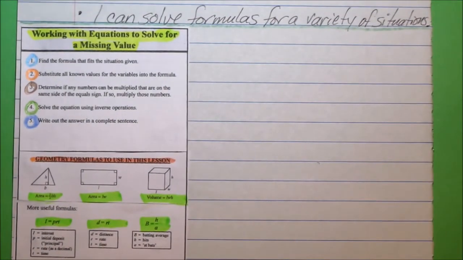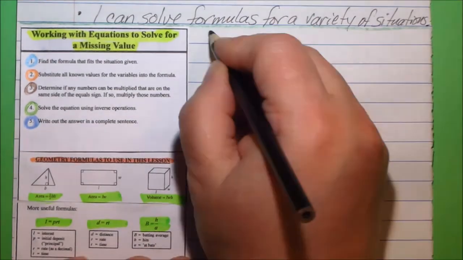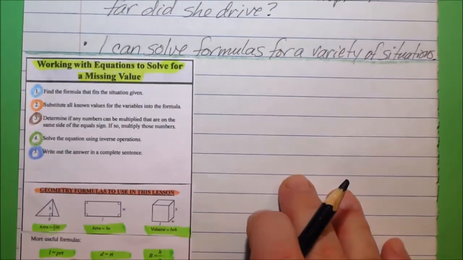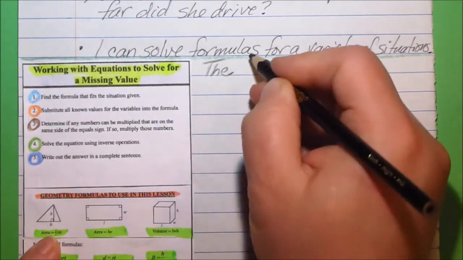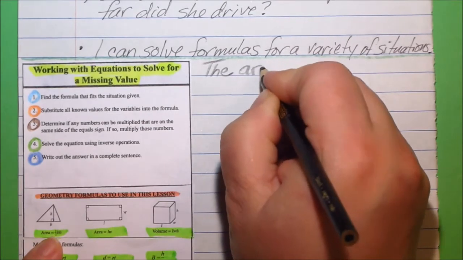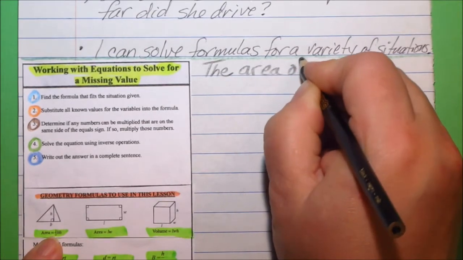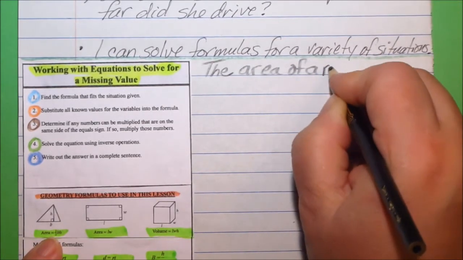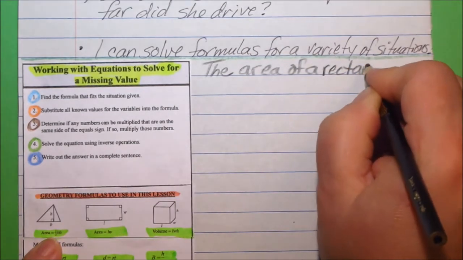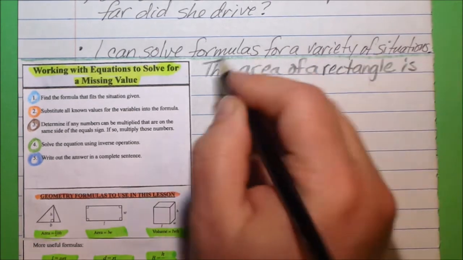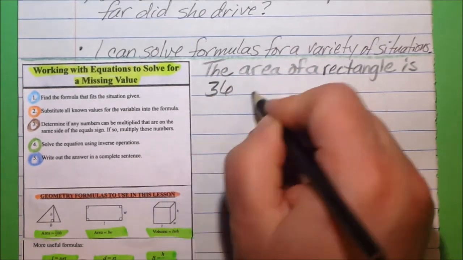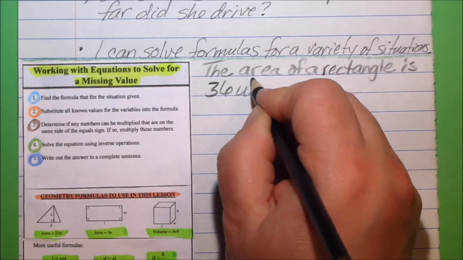Okay, so the first example we'll do in our notes is, let's write out the problem here. Okay, I'll bring it down a little more. There we go. Okay, the area of a rectangle is 36 units squared.